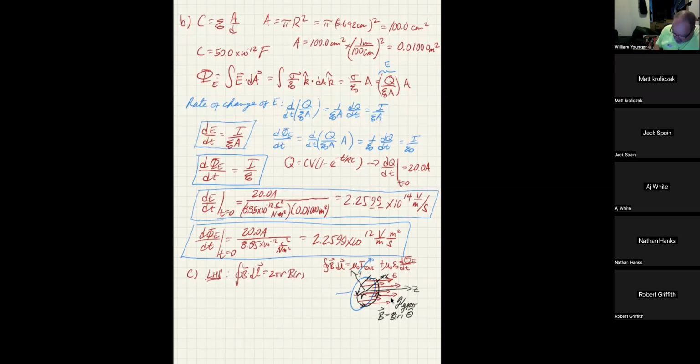And again, the reason is that this integral becomes B of r theta hat dotted with r d theta theta hat, integrated from 0 to 2 pi. So that's why we get 2 pi r. Does that make sense to everyone?